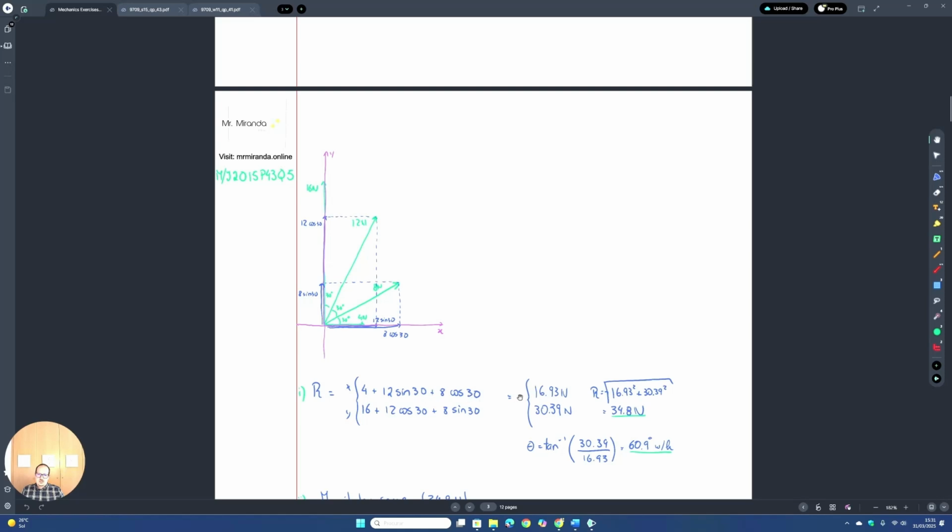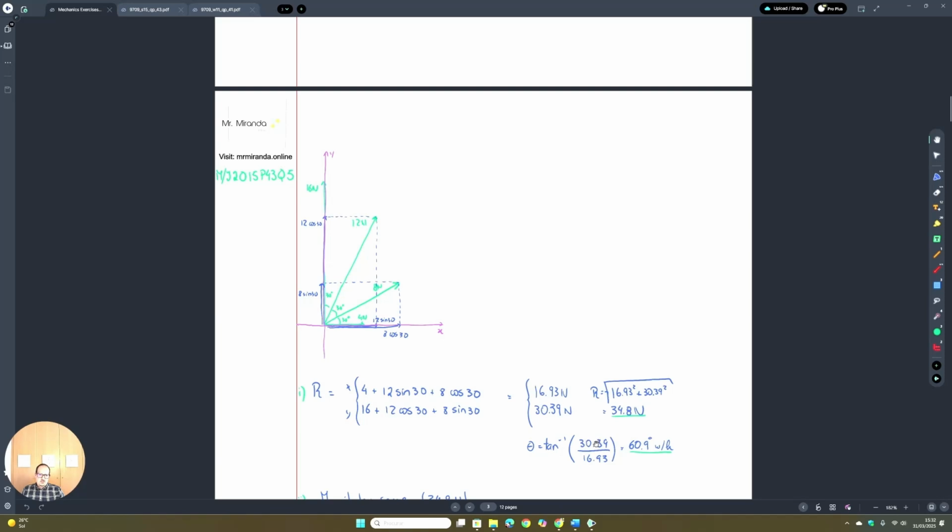Plug everything in the calculator, and you have these two components, the x and the y. I need the magnitude, so this is the square root of this squared plus that squared, and that gives a value of 34.8 newtons, correct to 3 significant figures. For the angle, I used what?